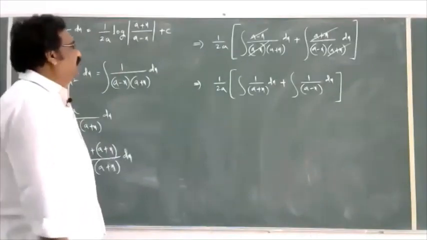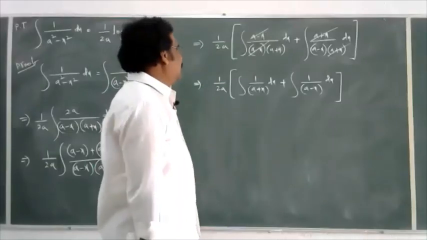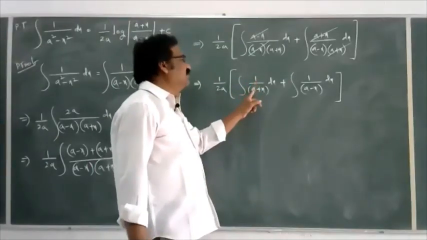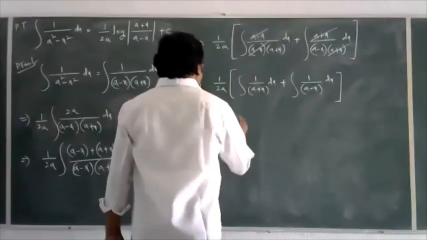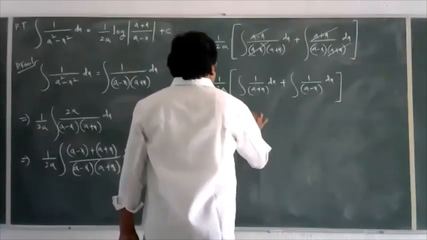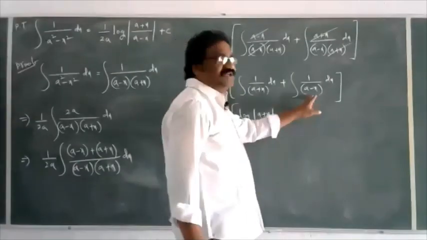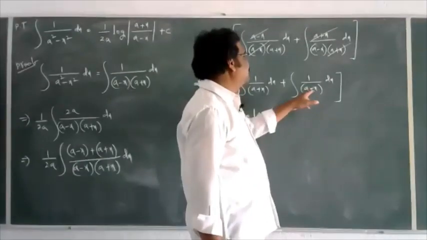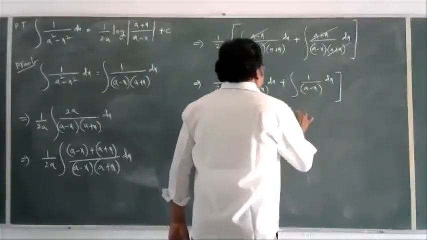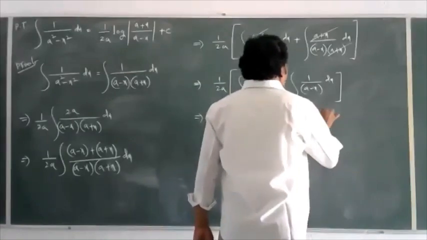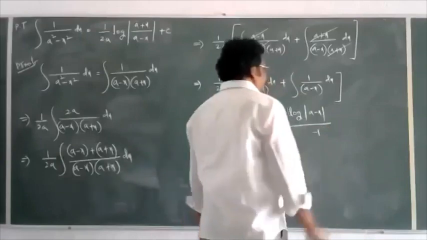Then using the formula, integration of 1 by x is log mod x. Here also, integration of 1 by a plus x gives 1 by 2a into log mod a plus x. Here observe carefully, a minus x is treated as x, integration of 1 by x, plus log mod a minus x by a minus x derivative, which is minus 1.